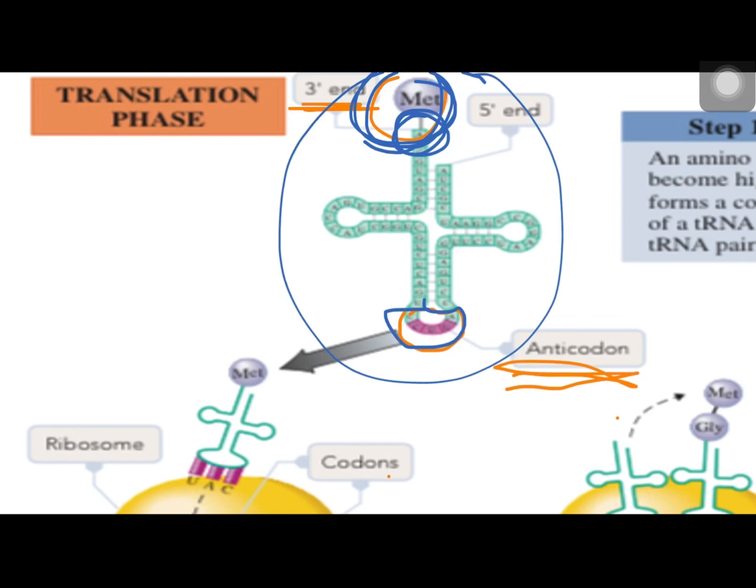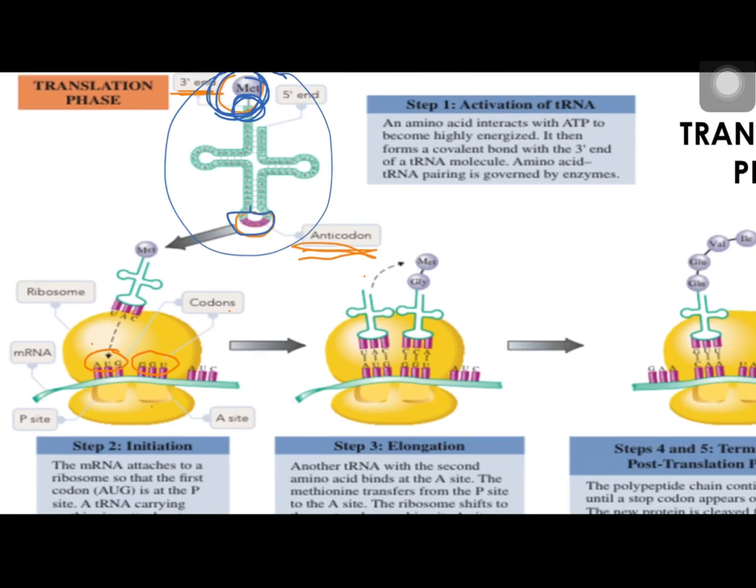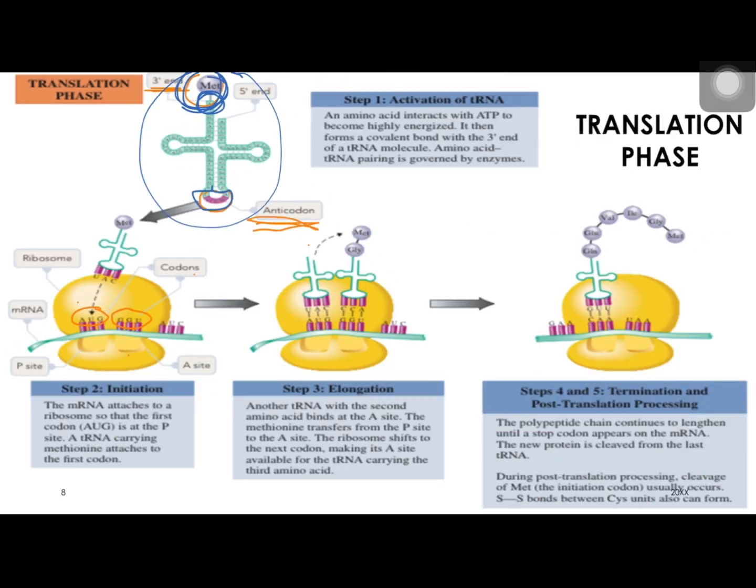Our anticodon contains three bases, and these bases will match our codon in our mRNA. If the anticodon does not pair with the codon in our mRNA, then it cannot attach to the mRNA.